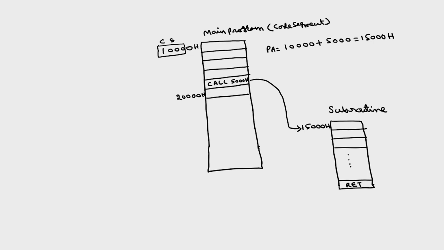For that, inherent to this call instruction there is a push operation. The data that is to be stored will be stored into the stack segment from the offset. So, what is the offset from here? If I write that this is 1000 and this is 2000, the offset will be 1000.